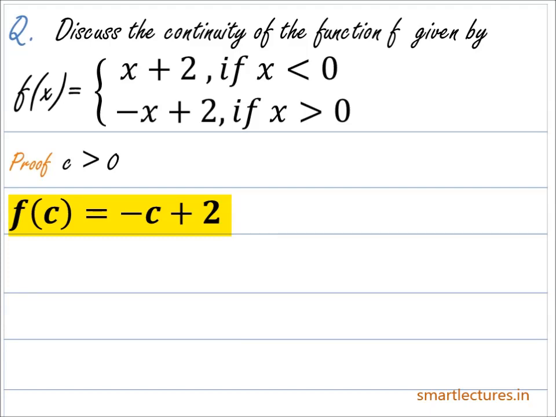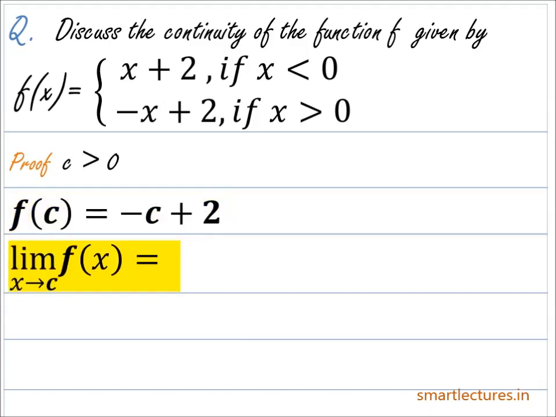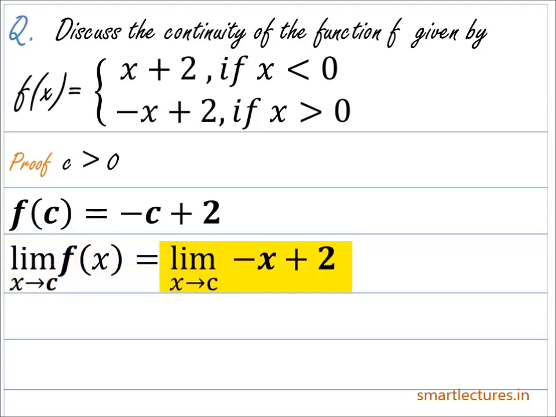That means f of C is equal to minus C plus 2. Now let's find out the limit of this function at the point C where C is greater than 0, or the limit as x approaches C of f of x, and that is equal to the limit as x approaches C of minus x plus 2, which is equal to minus C plus 2.